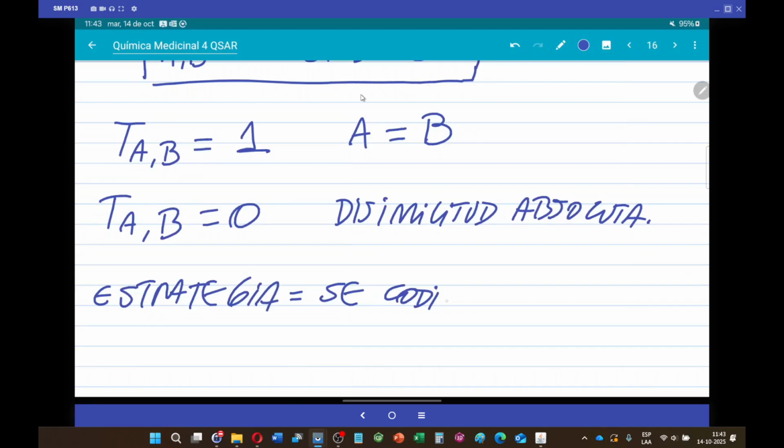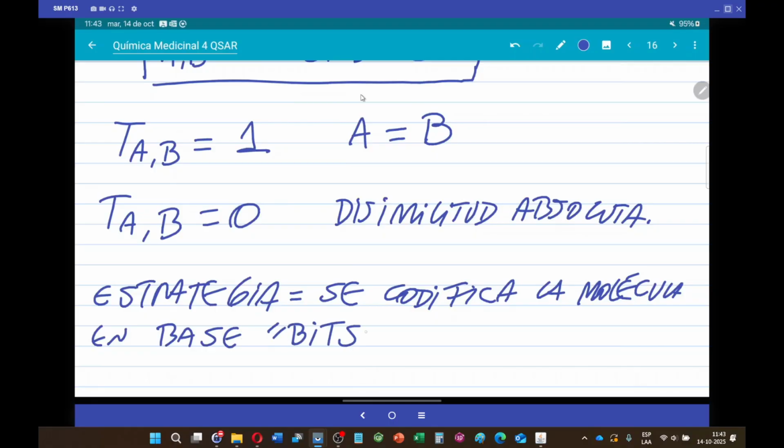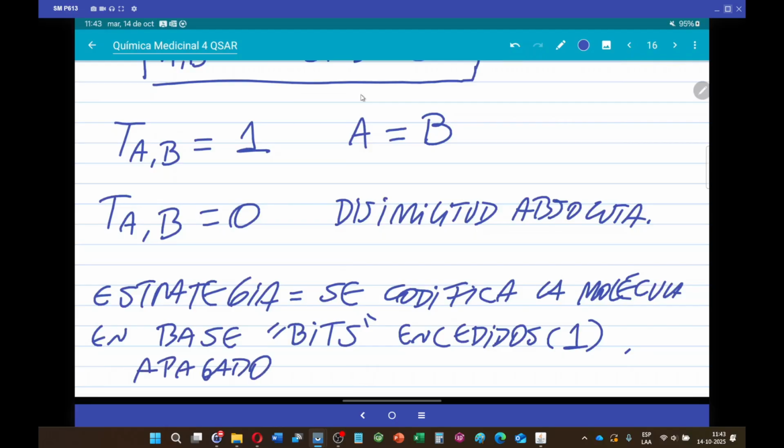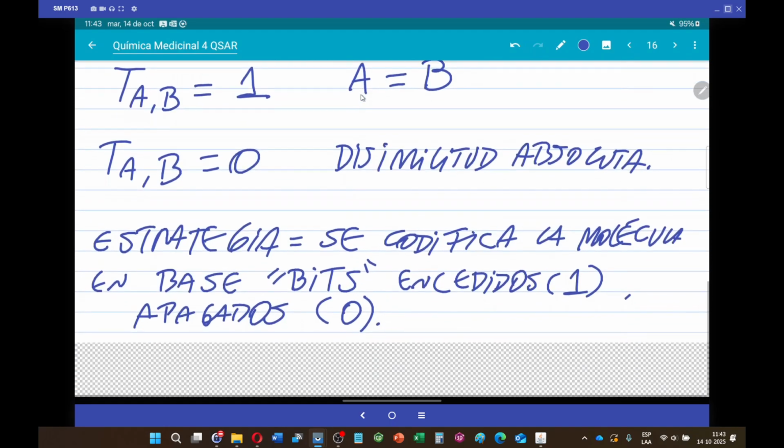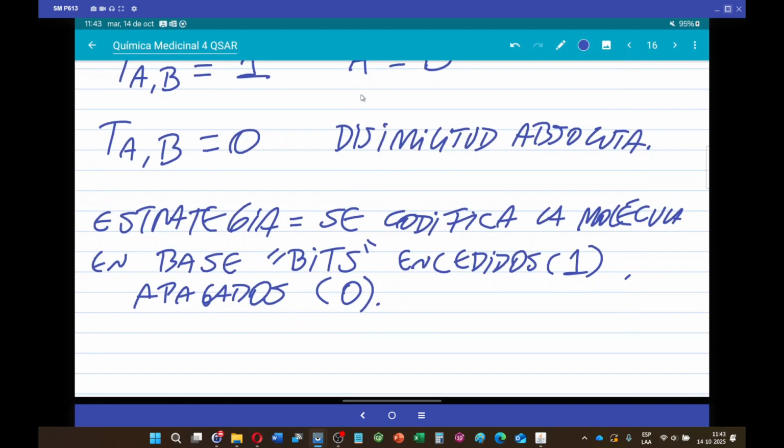The molecule is codified on the basis of bits, turned on or off.